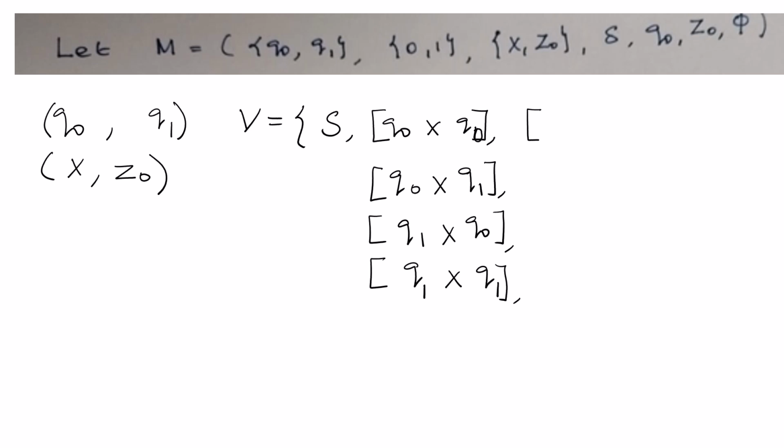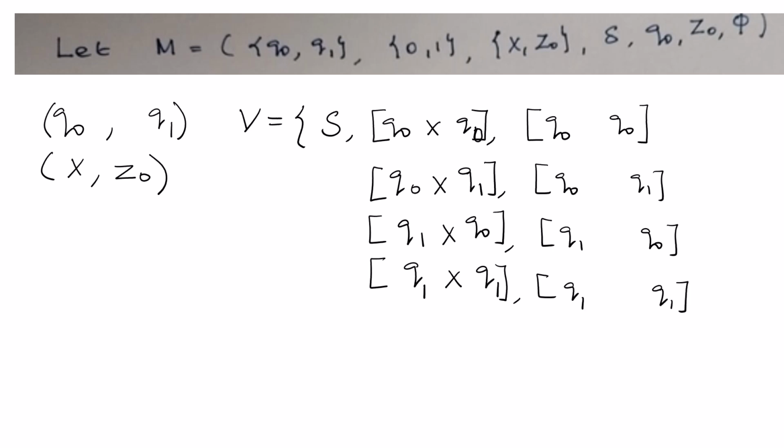The other set of variables the same way: Q0, Q0, Q0, Q1, Q1, Q0, and then Q1, Q1.